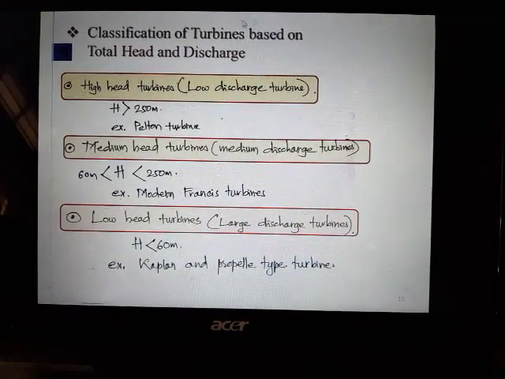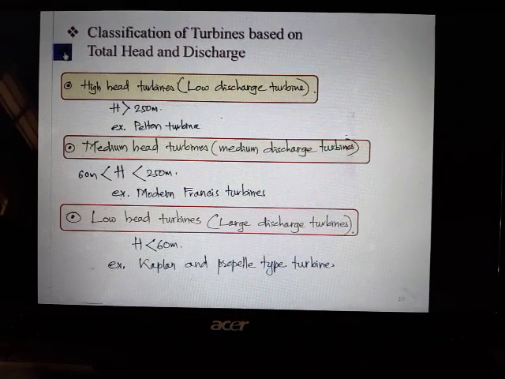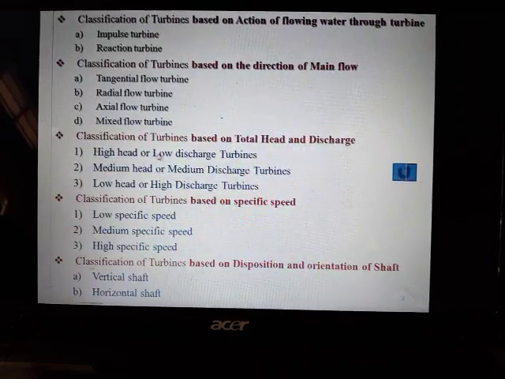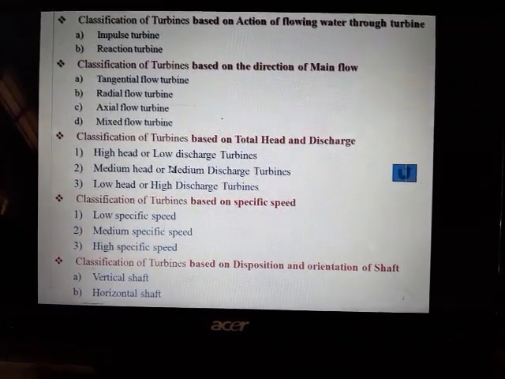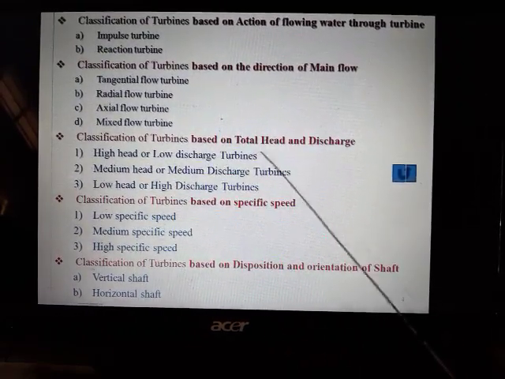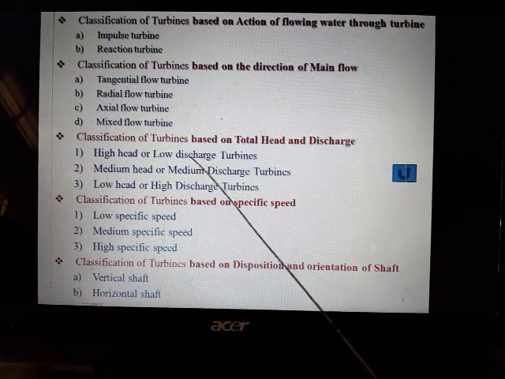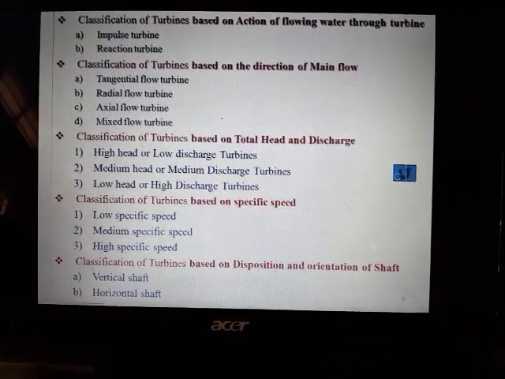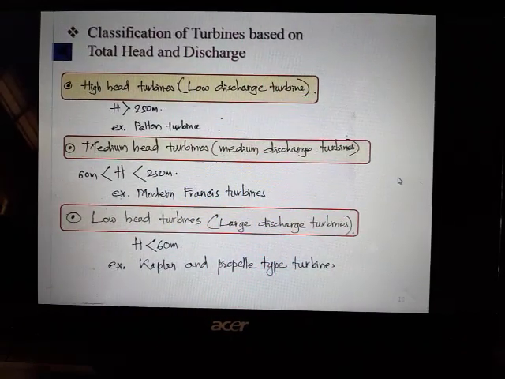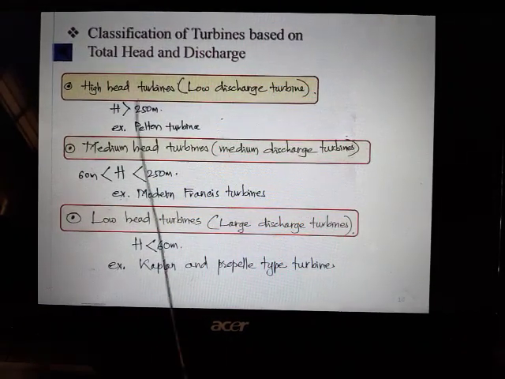Okay, next classification is classification based on total head and discharge. If you want to see the whole list, we are here at the third kind of classification depending upon head and discharge. So here numerical values are important.